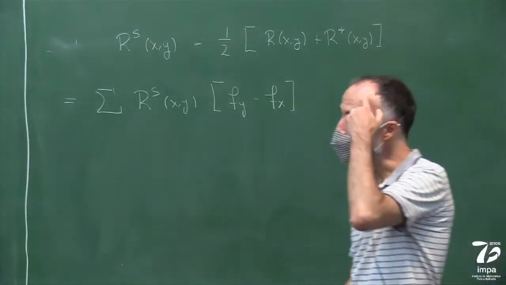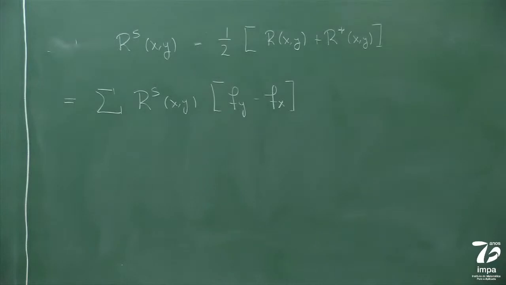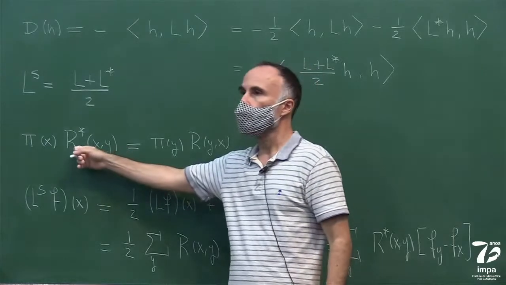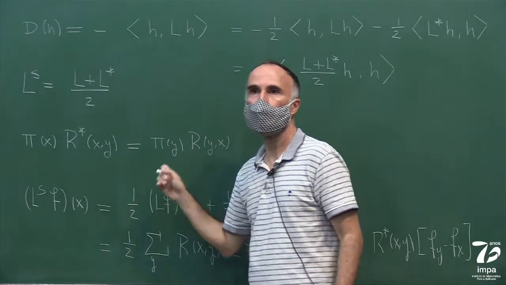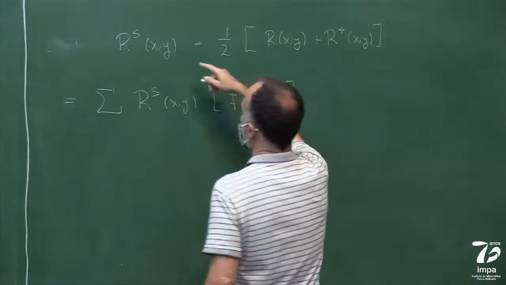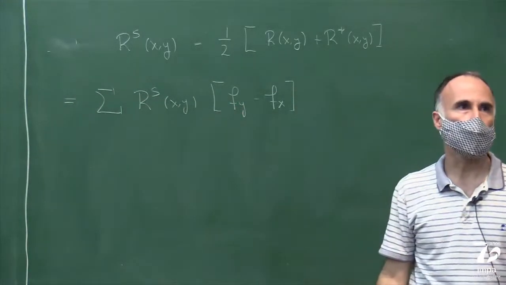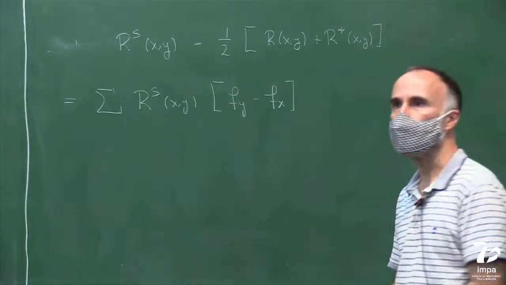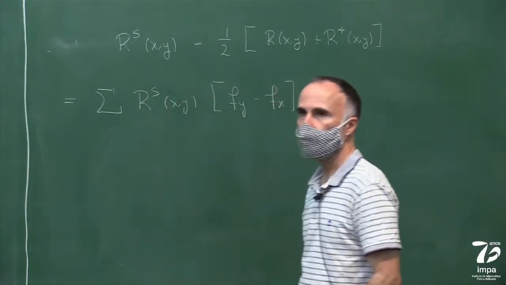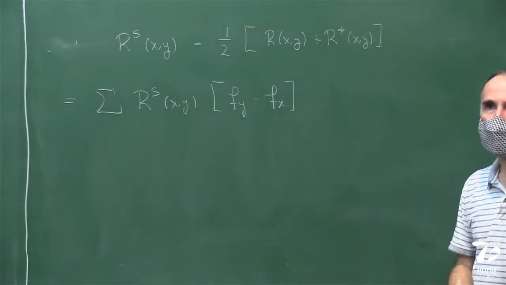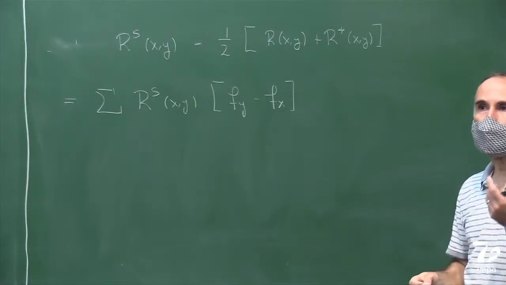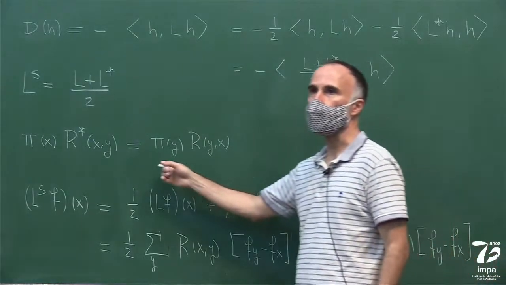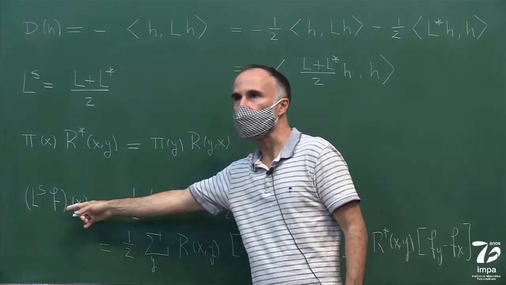Mind that in the case in which pi satisfies the detailed balance condition, which means that R star is equal to R, then from this formula, Rs coincides with R. So in the case in which the process is reversible, which means that the measure pi satisfies the detailed balance condition, then Rs is simply equal to R. But in the case in which pi does not satisfy it, I introduced R star, the adjoint, and after R star, I introduce the symmetric.